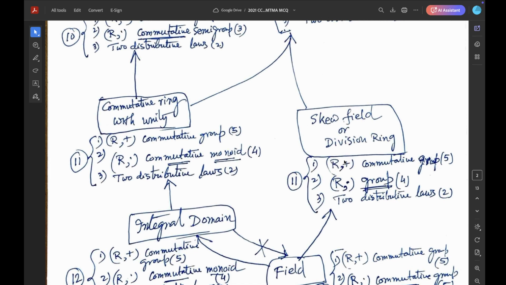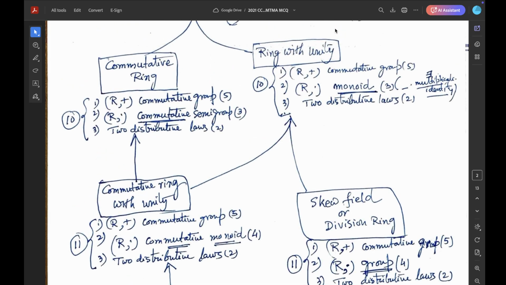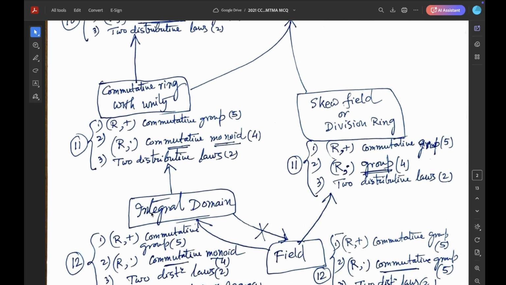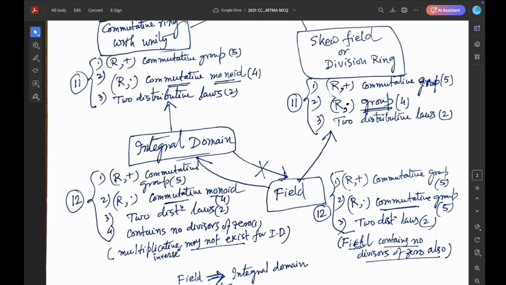For a skew field or division ring there are 11 properties: R plus is a commutative group, R dot is a group, 4 properties of a group, and 2 distributive laws. A commutative ring with unity is a ring with unity where addition is commutative and multiplication is commutative. And for an integral domain there are 12 properties: R plus is a commutative group, R dot is a commutative monoid, the two distributive laws hold, and it contains no divisor of 0.